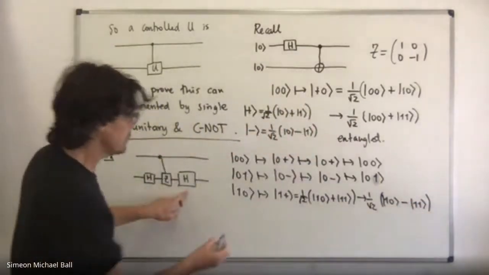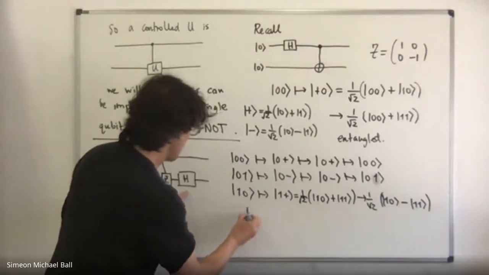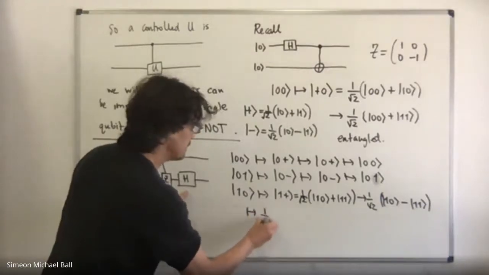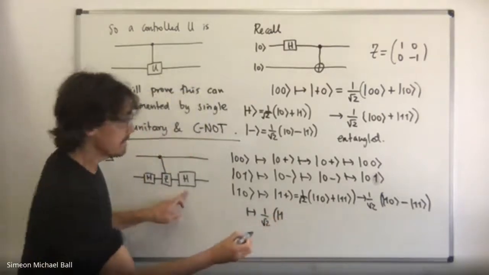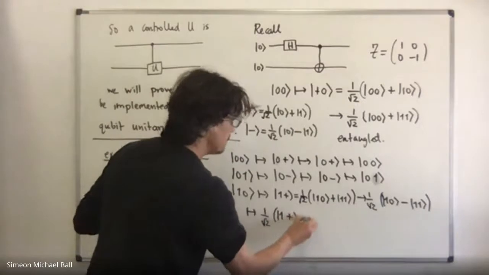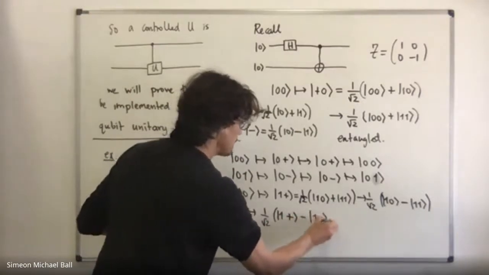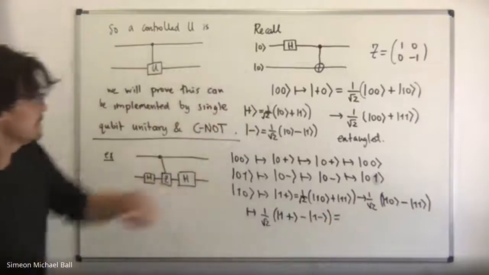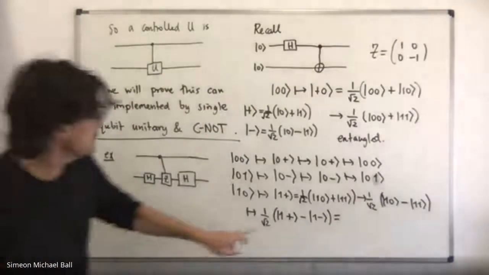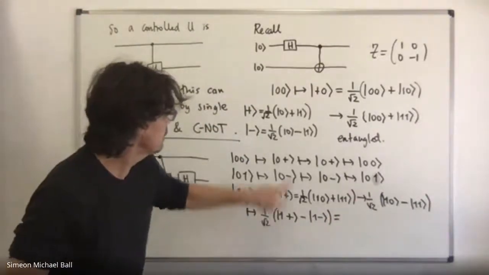And now I have to apply Hadamard again to the first qubit. So that's going to be 1 plus minus a 1 minus. And now I have to stick in the pluses and the minuses. The 1,0 is going to go with the 1,0.